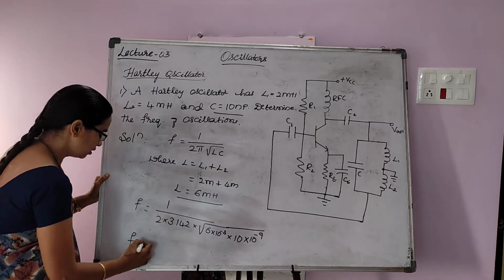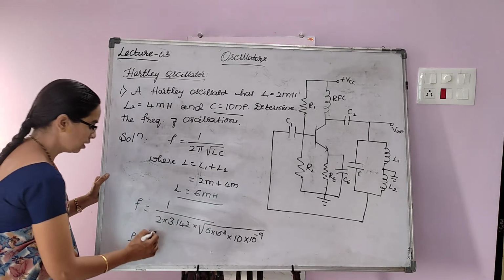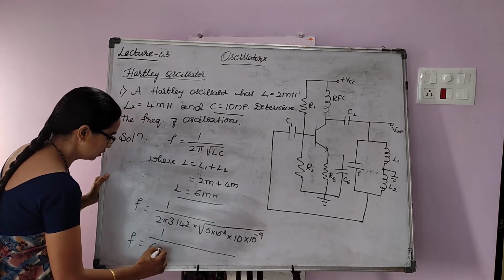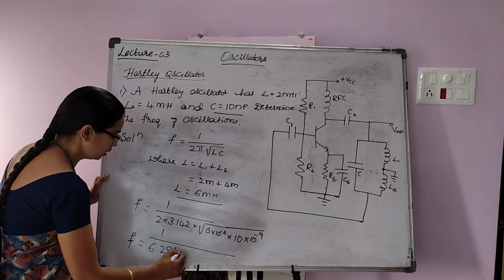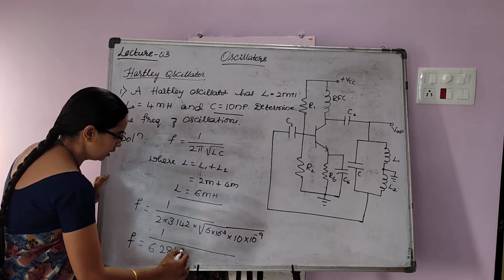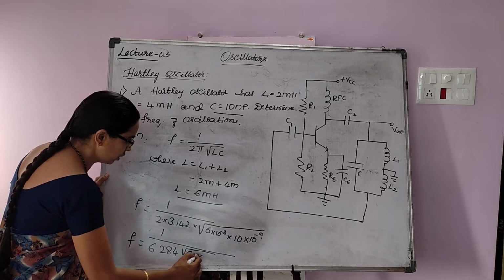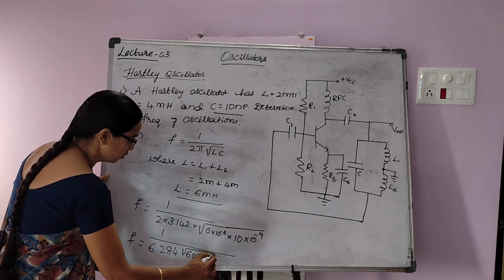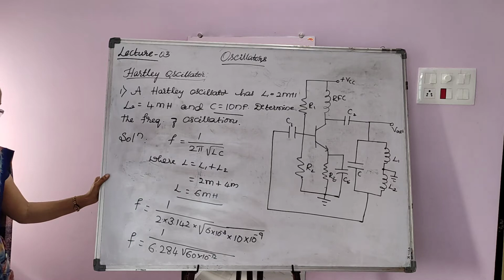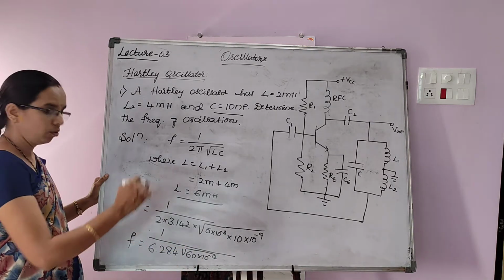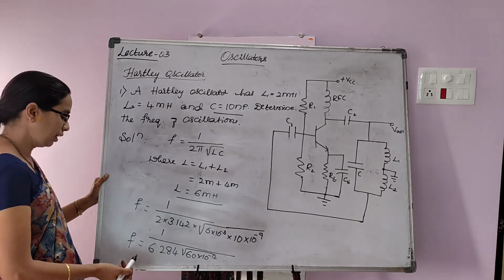After simplifying this, 6.284 into root of 60 into 10 to the power of minus 12. The 10 to the power of minus 12 can be taken out.